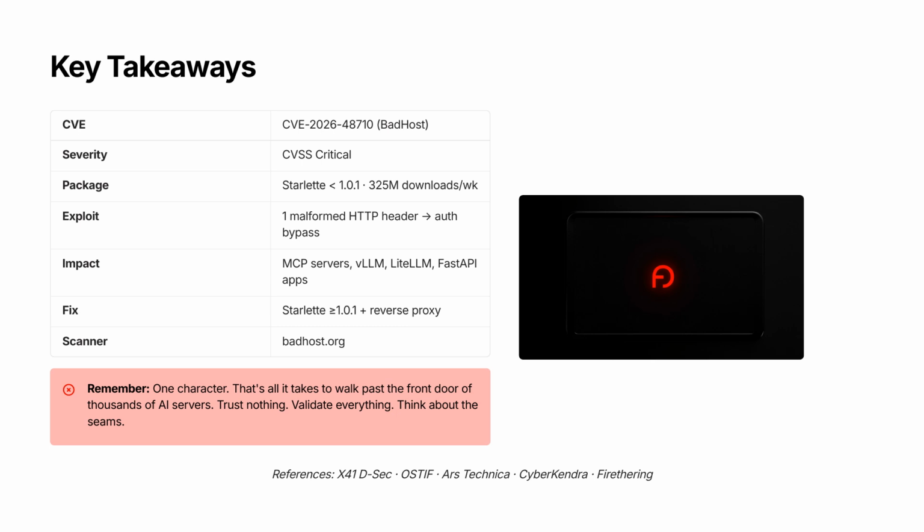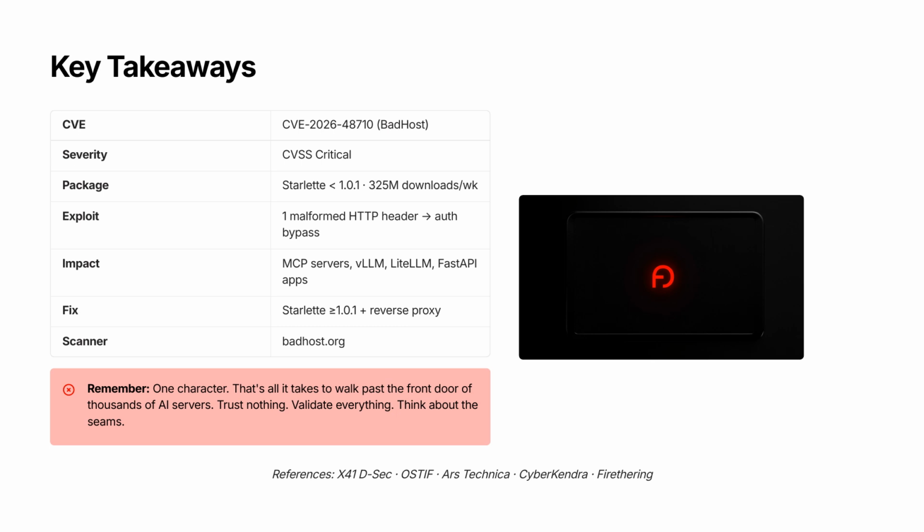That means the attacker is not breaking crypto or chaining together a complex series of bugs. They're exploiting a parsing edge case at the boundary where systems decide who to trust. The impact reaches well beyond one framework. This can affect MCP servers, vLLM, LiteLLM, and FastAPI-based applications, which puts a lot of AI infrastructure in scope.